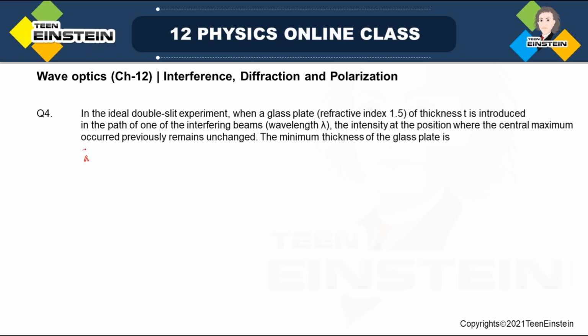So the options were a, 2 lambda; b, 2 lambda by 3; c, lambda by 3; and d, lambda.